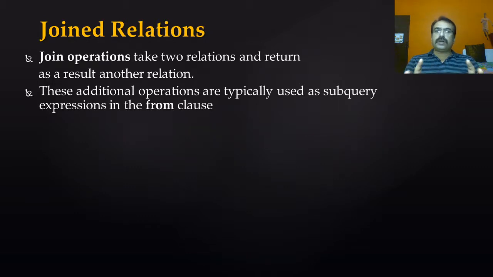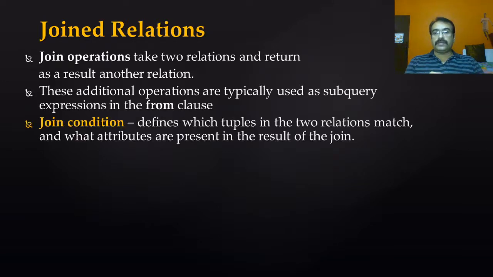But in short, I can say that applying a join operation on two relations means applying Cartesian product with the equality imposed on the common attributes. Again, I am repeating myself. Applying a join operation means applying Cartesian product on two relations by imposing the equality on common attributes. How that is done, we'll see.